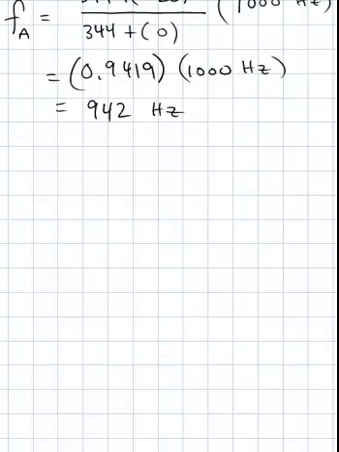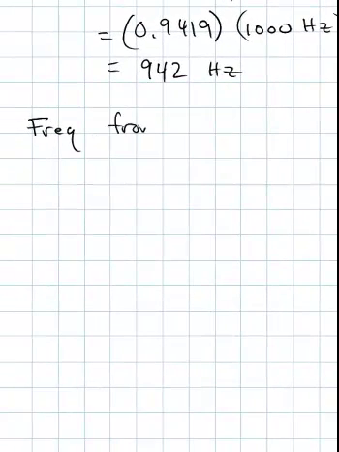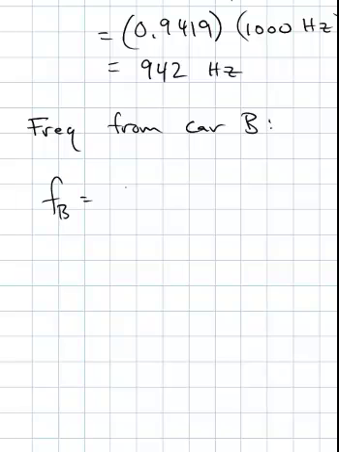If you'd like, you could stop the video now and see if you can do car B all by yourself, and I will do it here also. Speed of sound, 344.